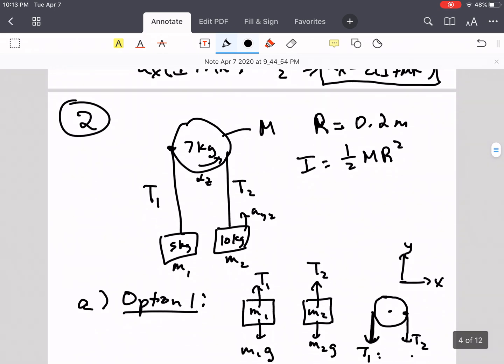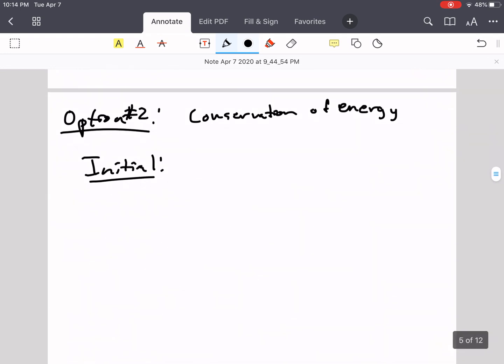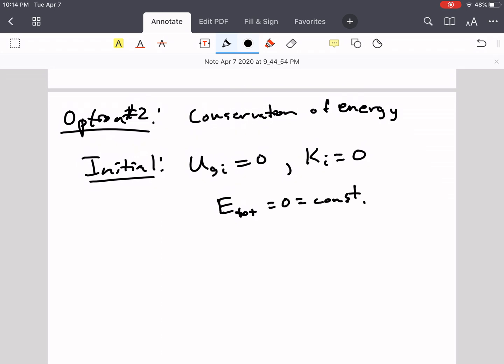For simplicity, I will call y equals 0 the initial height of these guys, because they're the ones that have gravitational potential energy. Technically, the pulley also has gravitational potential energy, but it doesn't move, so its gravitational potential energy is constant, and we could forget about it. Initially, the potential energy is gravitational. U gravitational initial is equal to 0, because everything's at y equals 0. And everything's at rest, so the initial kinetic energy is 0, meaning if energy is conserved, the total energy at all times is going to be constant, and it is going to be equal to 0.